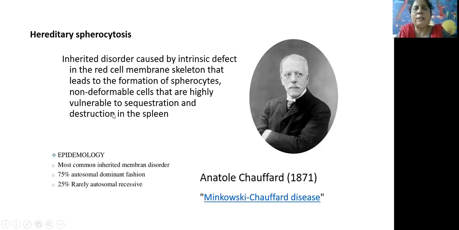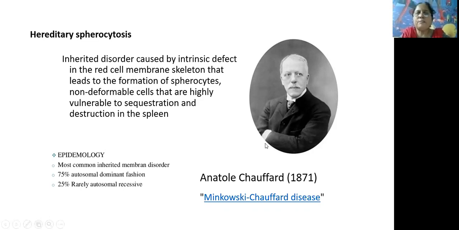So the spleen will trap it and destroy it. Now pathogenesis, etiology, everything comes in this definition. It is an inherited one, an intrinsic defect in the RBC membrane, so spherocytes are formed, which are non-deformable. They tend to be trapped by the spleen to be destroyed.